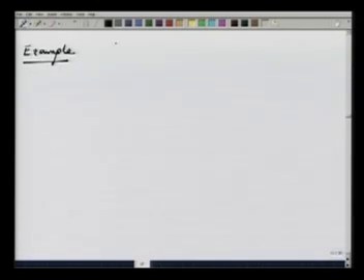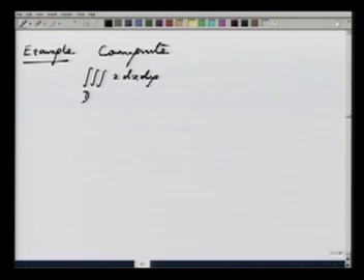So let us try to compute the triple integral over D of a very simple function, x dx dy dz. The whole thing is, what exactly is D?